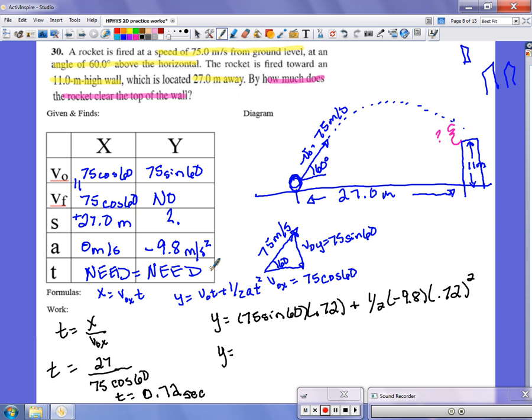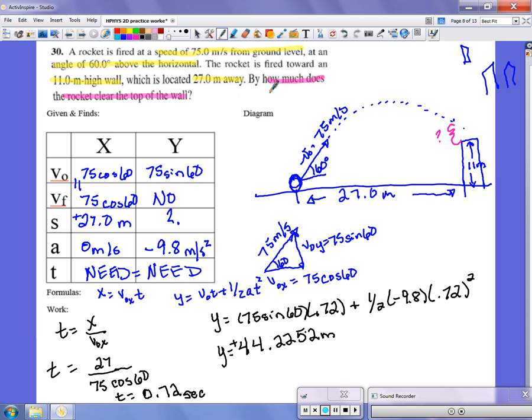I go 75 times the sine of 60, close my parentheses and multiply by 0.72, and then I add 0.5 times minus 9.8 times 0.72, and make sure you hit that squared button next to the 2 button so that you square that last term. And so I get a y displacement of plus 44.2252 meters.